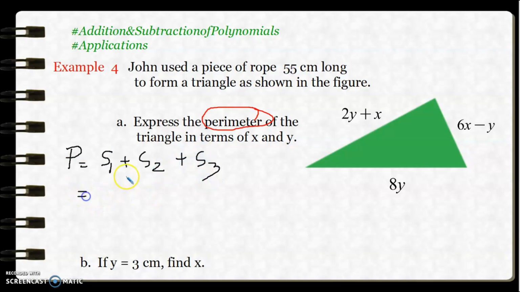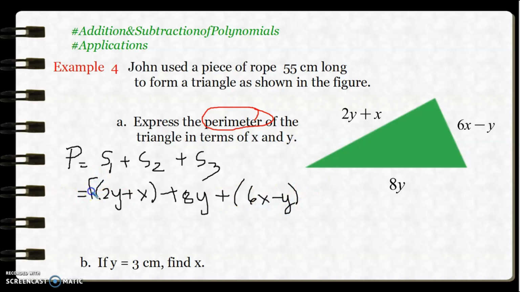And given are the lengths of this side, we have 2y plus x, we have 8y, we have 6x minus y. And all of these are in terms of centimeters. Okay? So, we have to combine like terms so that we will be able to get the perimeter of the triangle in terms of x and y.